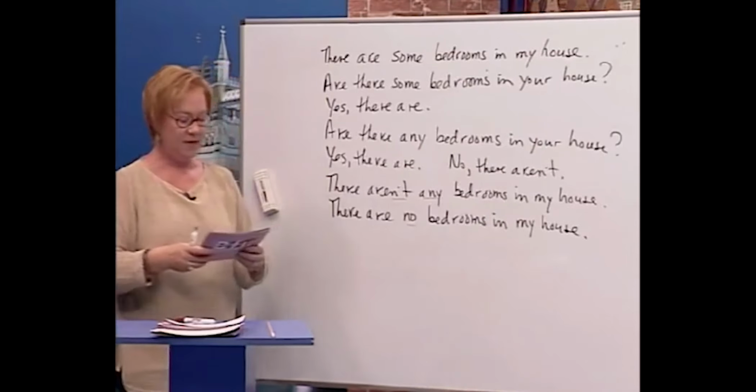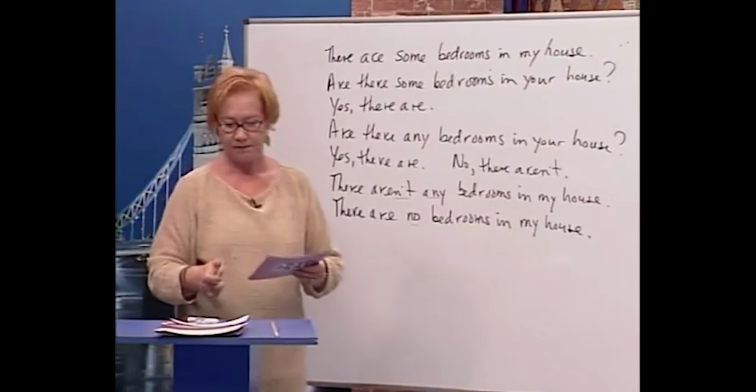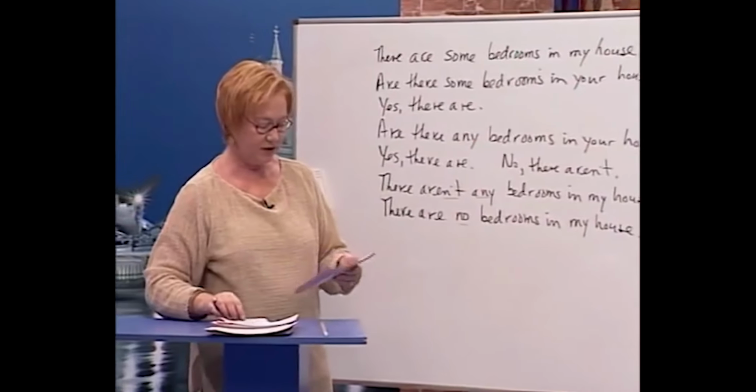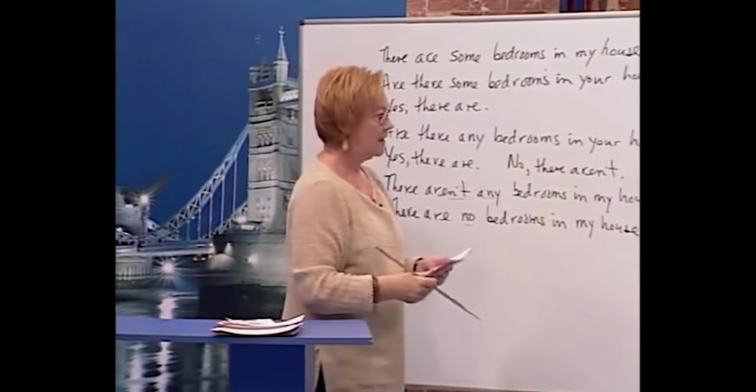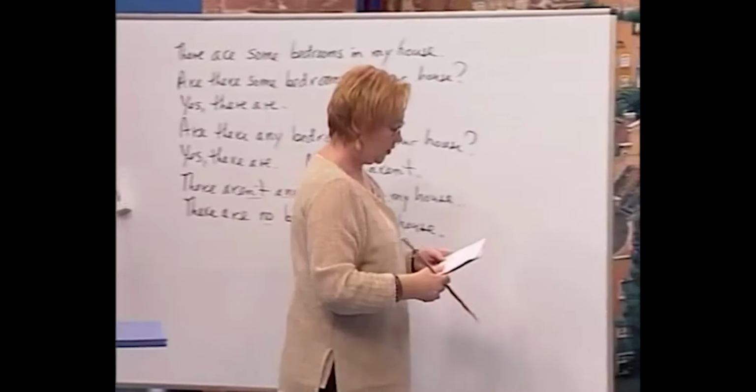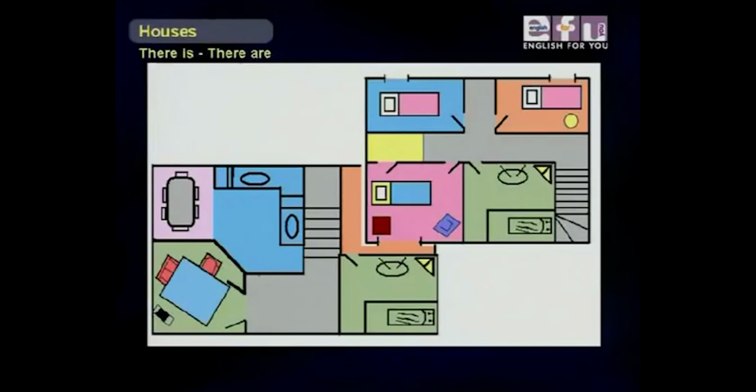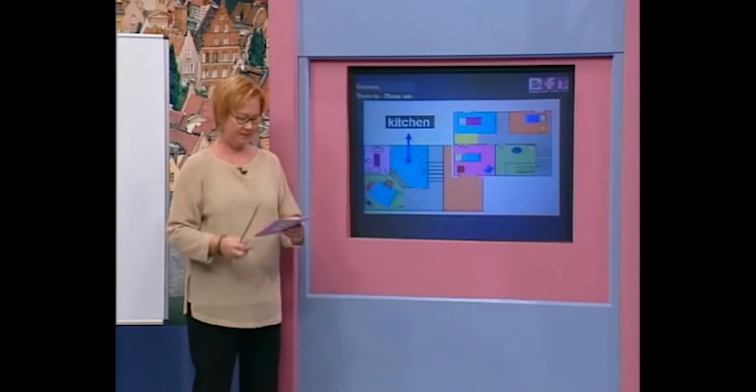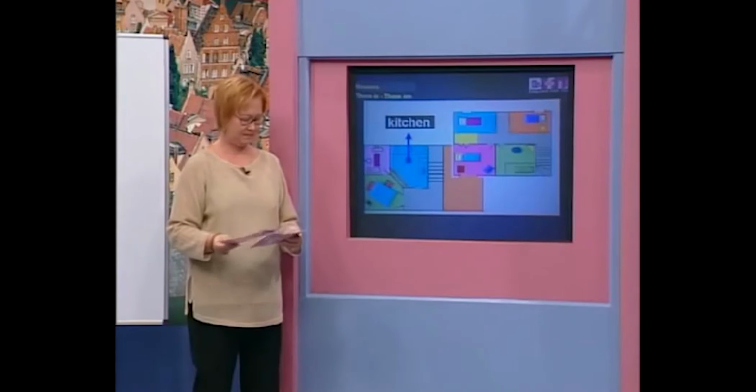Okay, now let's practice. And here is a picture of an apartment. Now, Ali, you ask Susan some questions about this apartment. Susan, is there a kitchen? Yes, there is. Yes, there is a kitchen. How many bedrooms are there?